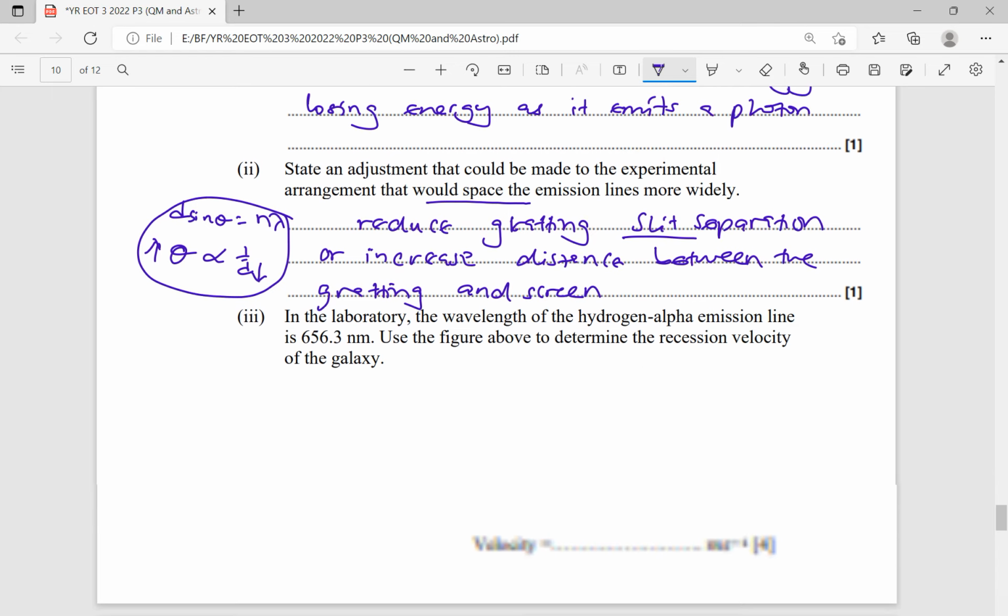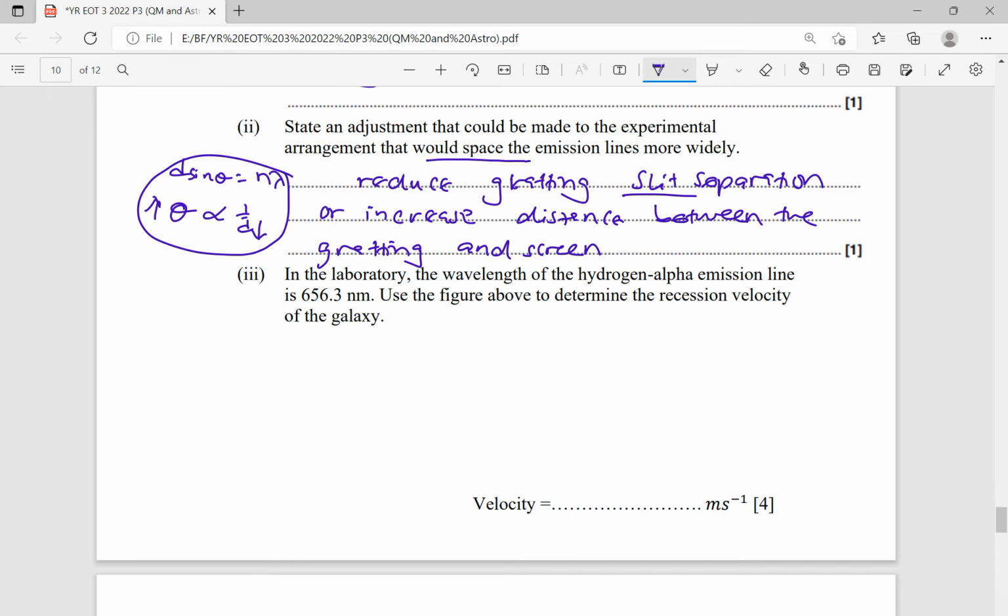Next, in the laboratory, the wavelength of the hydrogen emission line is 656.3 nanometers. Use the figure above to determine the recessional velocity of the galaxy. So of course, this is the redshift.